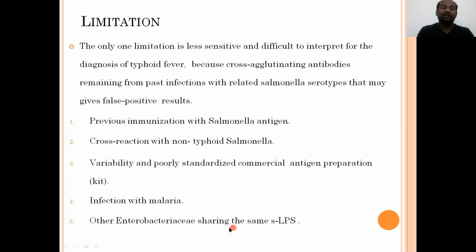That means gram-negative bacteria of the Enterobacteriaceae family may have the same antigen. It may also provide cross-agglutinating antibodies that may interrupt the results. So this is the limitation of the Widal test.